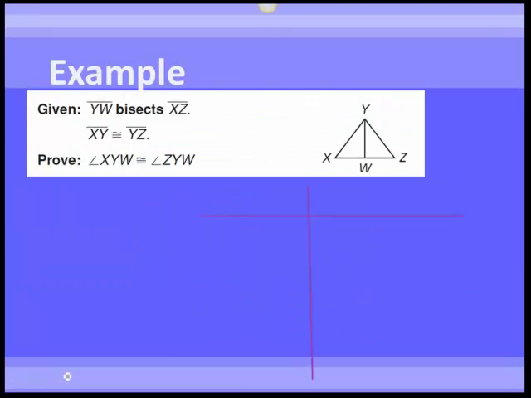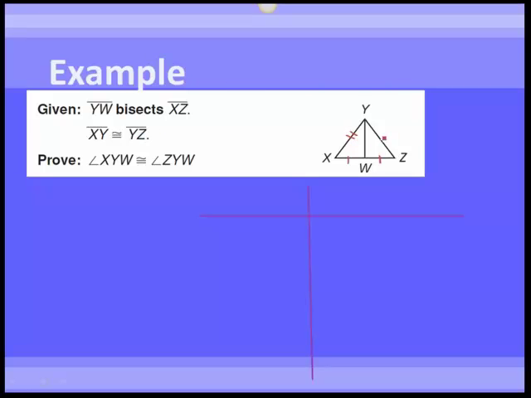Okay, so here's another one. This is more generic. We've got YW bisects XZ. So because YW bisects XZ, that's going to mean that these two segments are congruent by definition of a bisector. And we also know that XY is congruent to YZ.